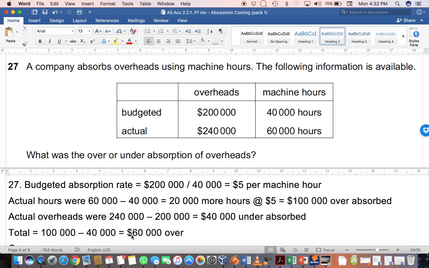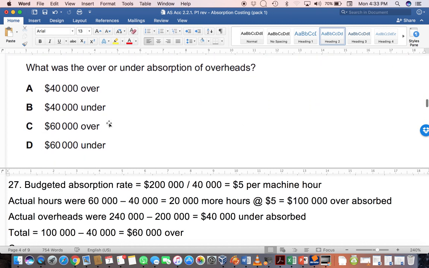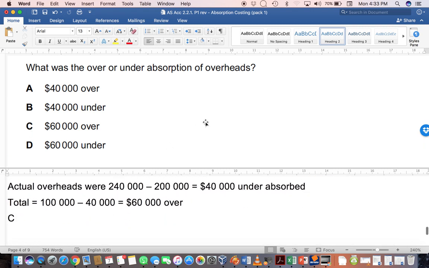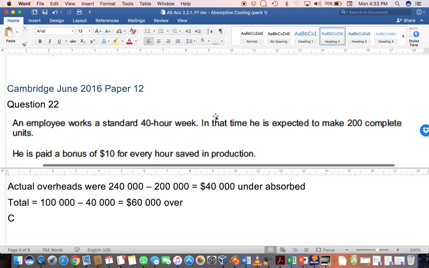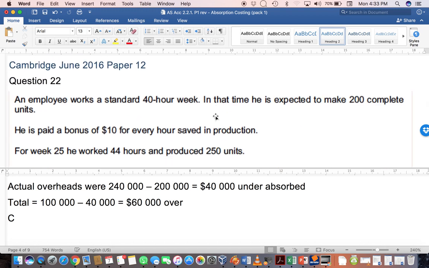Yet again, you can see that to some extent these two amounts offset each other, so you need to look for the net effect, which will be $60,000 over absorbed. If you look at the options that are available to you, you would choose C as your answer.